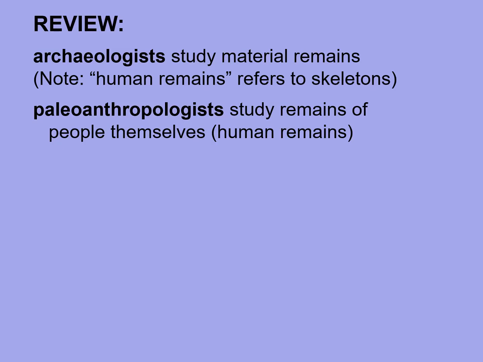So to review, archaeologists study material remains. Note, the phrase human remains specifically refers to skeletons, and we do sometimes also study skeletons. Paleoanthropologists study the remains of humans themselves.